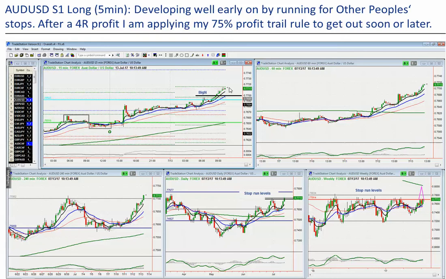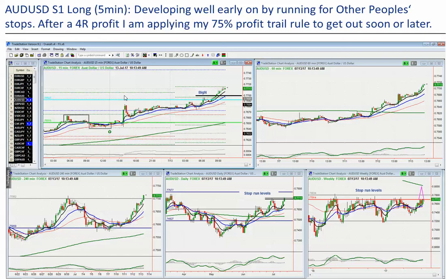We can see that this exhaustive move has made the stop run on the daily chart, and now it's up to the weekly stop run levels. By now, as I've achieved already a really nice R gain, the trade was break even with this first stop run move, and then I'm trailing my stop with a specific exit algorithm.